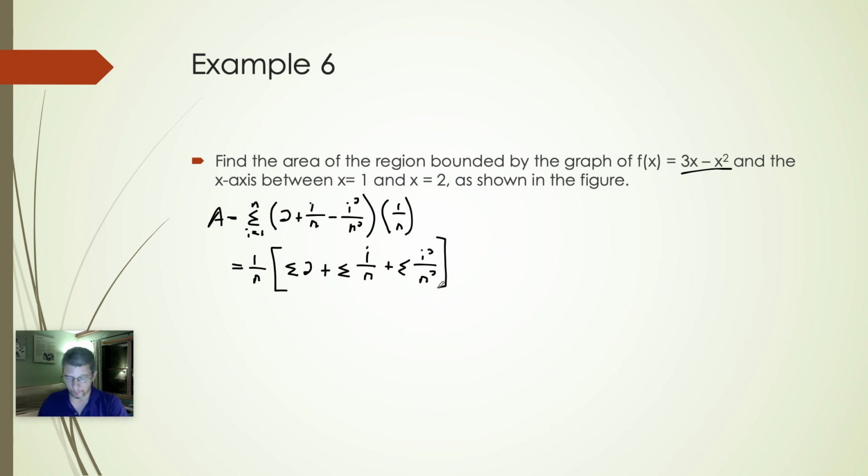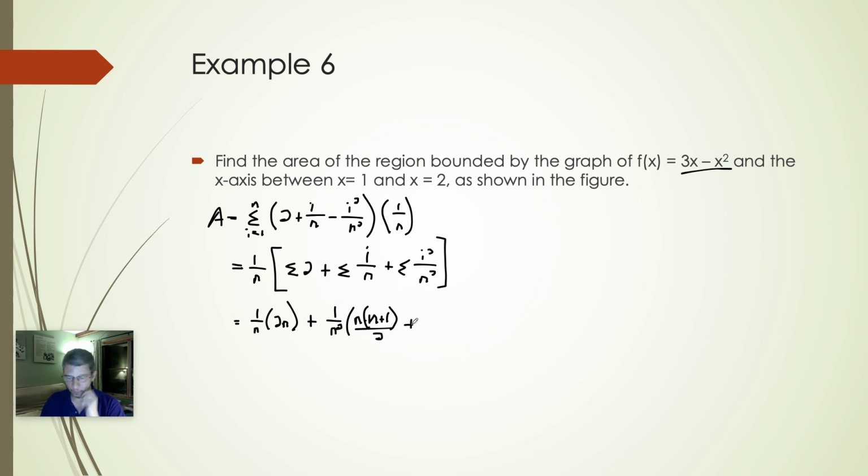Now, the summation of 2 is going to be 2n. So this is going to be 1 over n times 2n, plus 1 over n. Now, the summation of i over n: pull the 1 over n out, and so it becomes 1 over n squared times the summation of i, which of course is n times n plus 1 over 2.